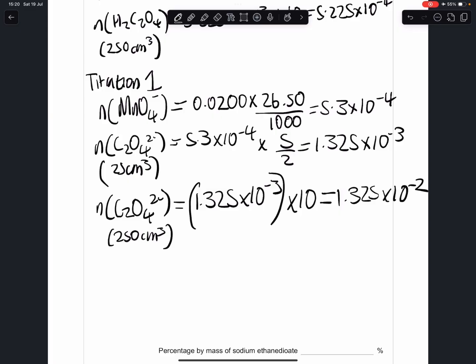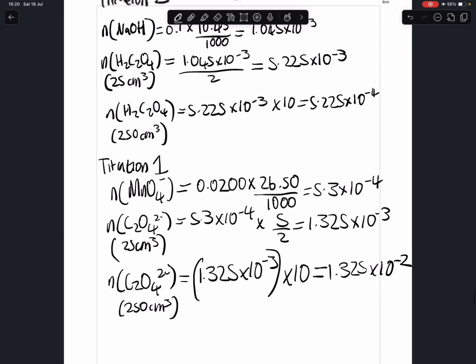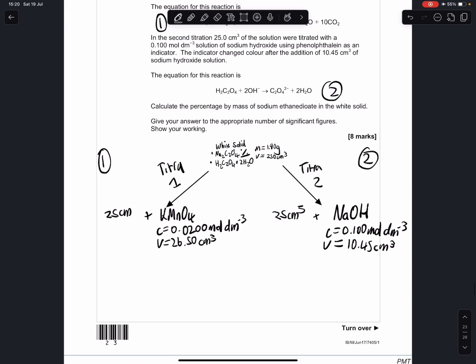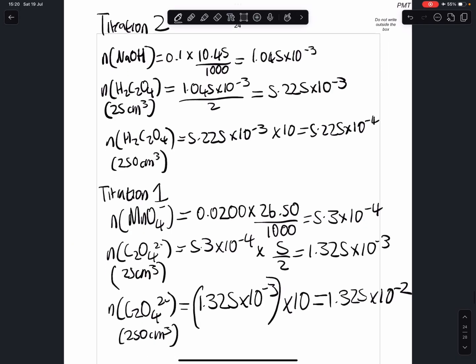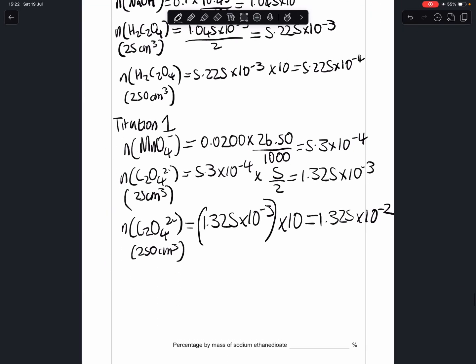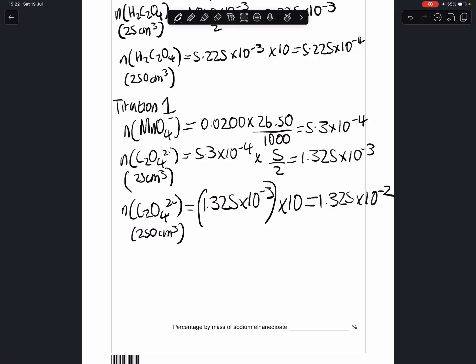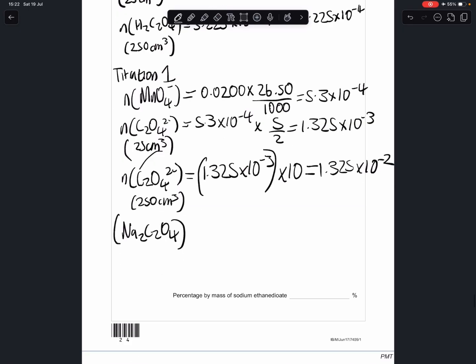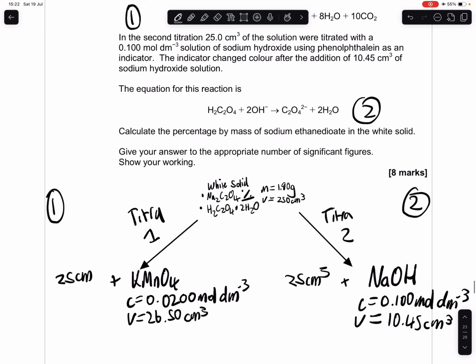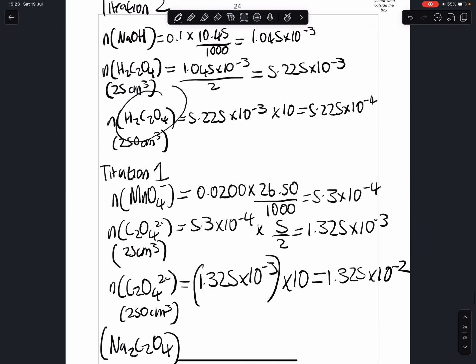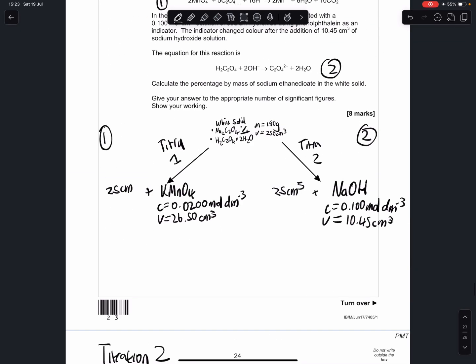So now we've got our moles of C2O4 2 minus, which, might I point out, could be either of them, but we've definitely got our moles of H2C2O4, which we calculated here. So we can actually use all the data we've got now to calculate our moles of Na2C2O4. We've calculated the C2O4 2 minus moles, and that could be either of these, but we've also definitely calculated the moles of H2C2O4 here, and that is just this one here.